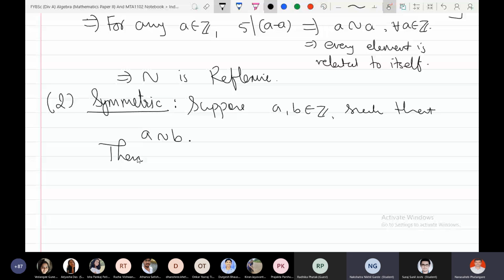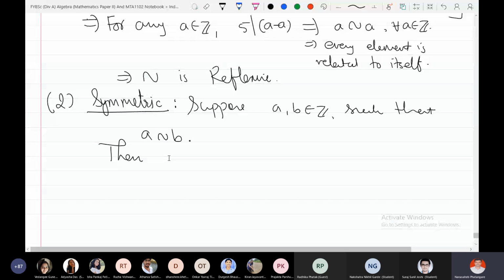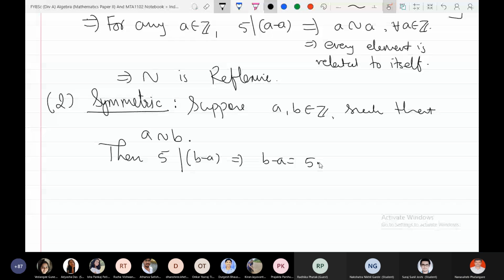Then by definition of relation, what happens? 5 divides b minus a. That means b minus a is equal to 5 times some integer k. Am I right? Yes, sir.